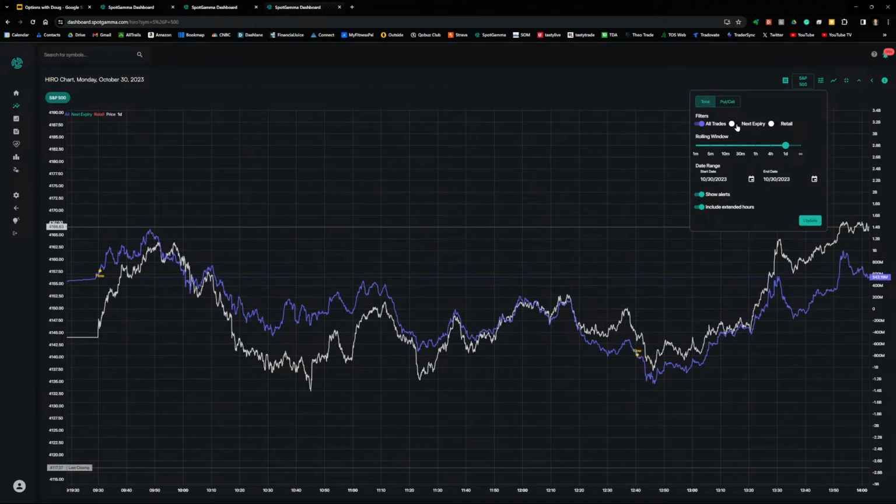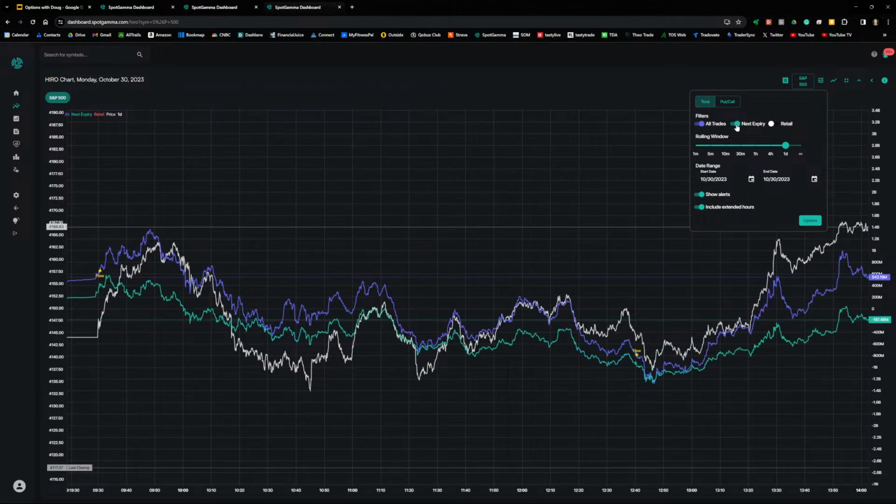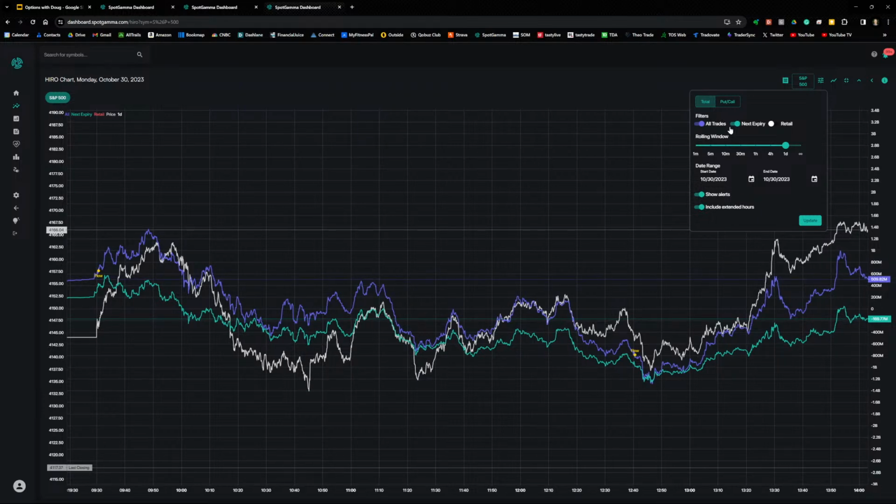And let's just take a look at next expiry, which for the S&P 500 would be the 0 DTE options that expire today, and that is making up less than half of the total notional value today.